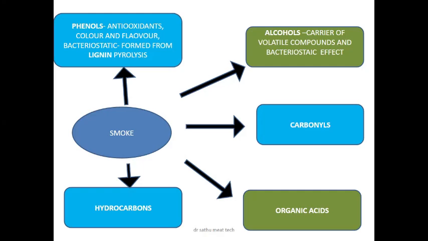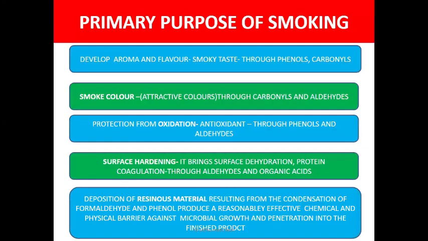That is brought by the organic acids. And hydrocarbons are not desirable components in the smoke, because if hydrocarbons are present, like polycyclic aromatic hydrocarbons, which are harmful. But if you do the smoldering at a high temperature range or flaming is taking place, sometimes the hydrocarbons can be formed.